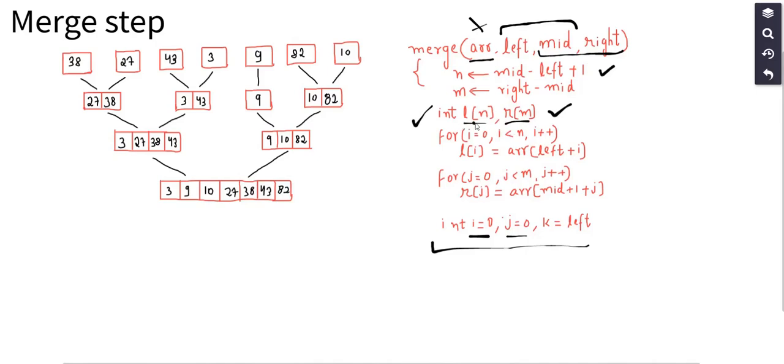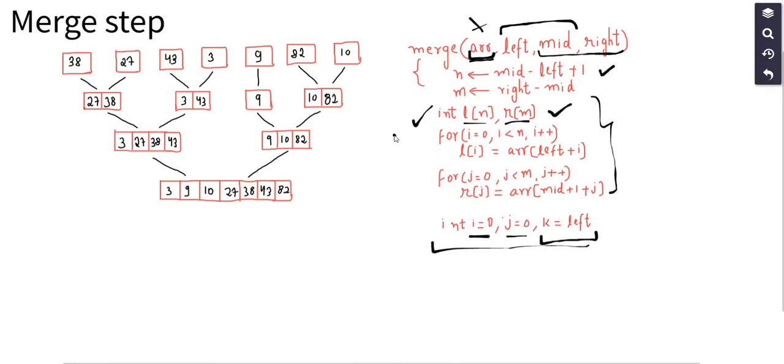So this sequence stores the left half sorted sequence, this sequence stores the right half sorted sequence, and this index will be used to fill this array. So this index will be used to point to this array, so that we can copy the sorted sequences into the original array. So what we are doing here: we have a parent array, we have divided it into two parts, and we copy the integers into auxiliary arrays.